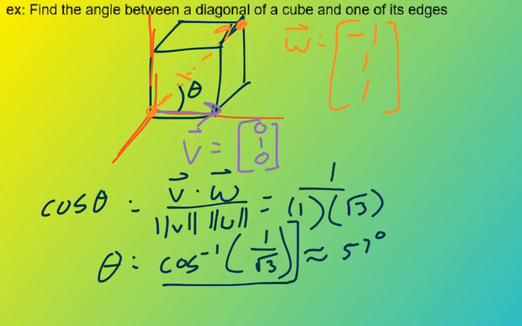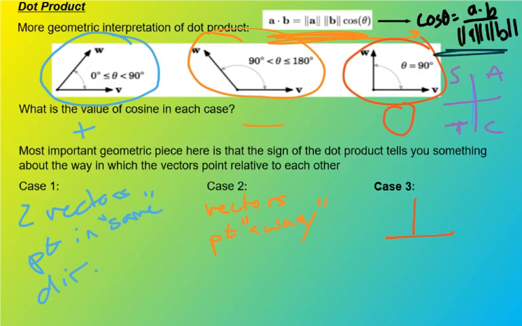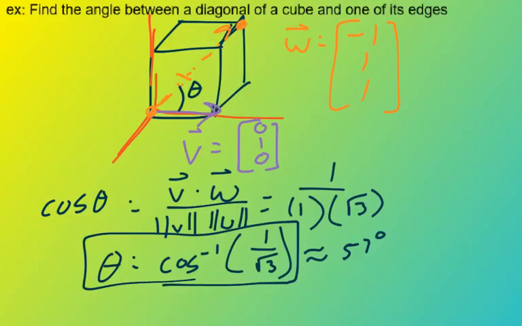But really, this is the best answer anyways, right here. So that's just an example of how you could use this geometric understanding of the dot product to figure out the angle between the diagonal of a cube and one of its edges.